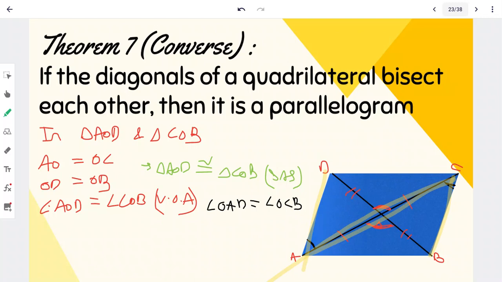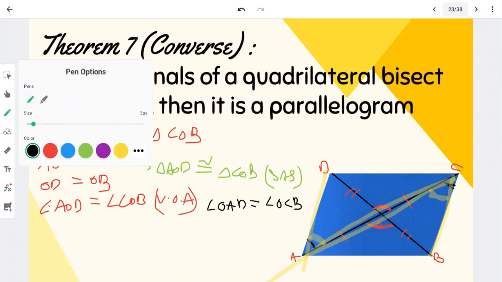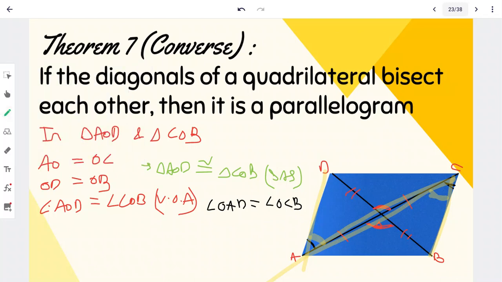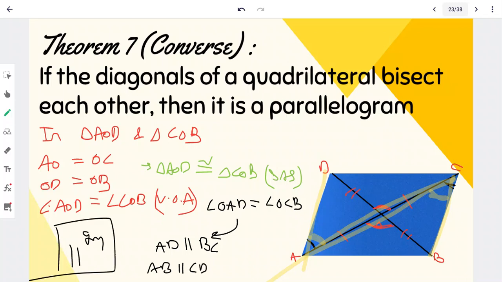Can you see a Z is formed? One angle here, one angle here. It looks like alternate interior angles, right? So that means AD is parallel to BC. And similarly, for the other pair you can take angles, and AB will be parallel to CD. Therefore, the figure is a parallelogram. Hence proved. That is nothing but the converse.